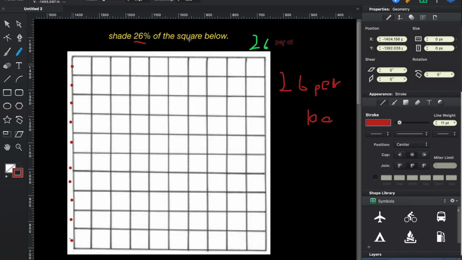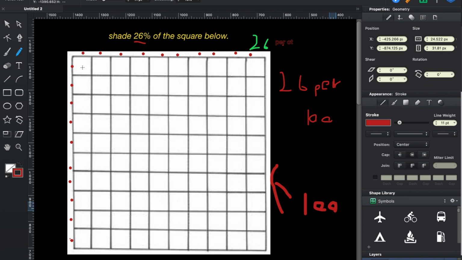It says square, so I'm guessing this side is 10 as well, but let me just check. 1, 2, 3, 4, 5, 6, 7, 8, 9, 10. Yep, it's a 10 by 10 square. So this area right here is 100. That's perfect, because 26% means 26 out of 100.